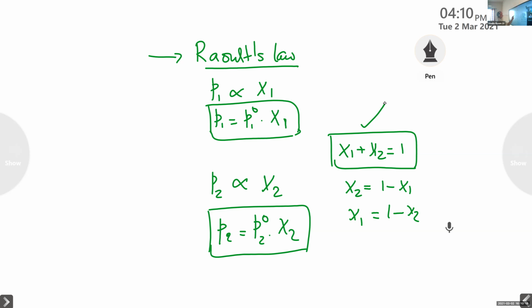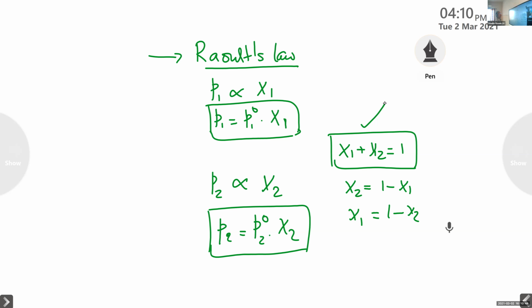So we get the relation P1 is equal to P10 into x1, P2 is equal to P20 into x2. Now what is P10 and what is P20? P10 is the vapor pressure due to pure component 1.